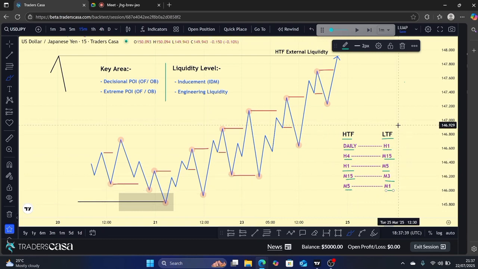But there are times when, let's say you're using the daily, price may be clearer on the H4. If you're using the H4, price may be clearer on the H1. Of course, if you're using the H1, price may be clearer on the lower time frame, the M15.